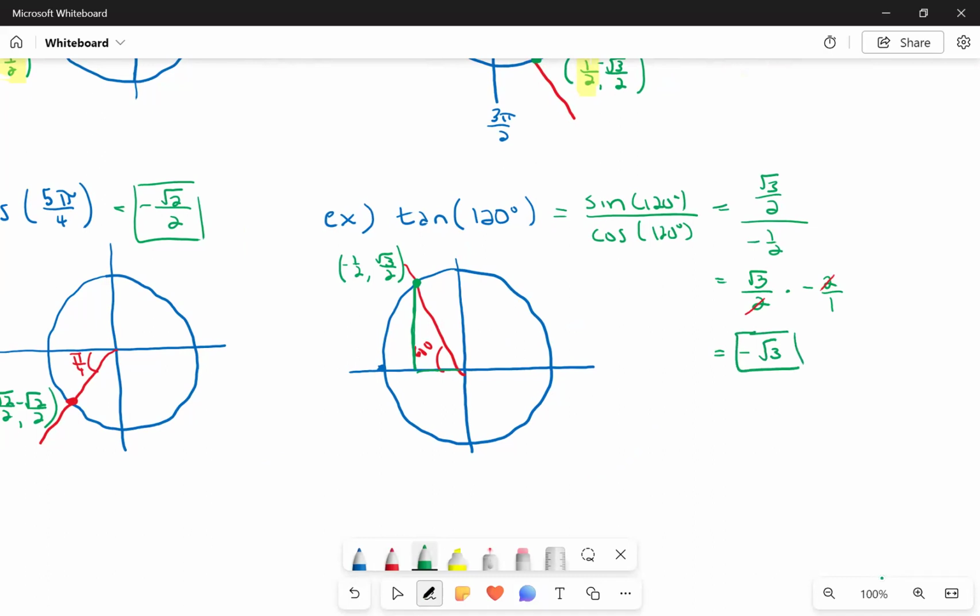And there's my tangent value at 120 degrees. And that is how I remember these. I don't actually have them all memorized. I literally think of a triangle or know that all of the pi fourths 45-degree angles are where they're equal, and then just understand what their signs are, positive or negative, based on the quadrants. That is how I have memorized the unit circle my entire life.